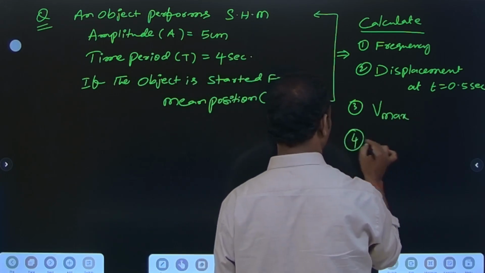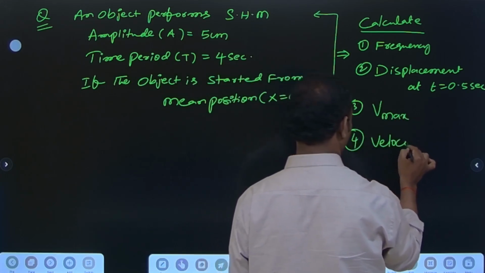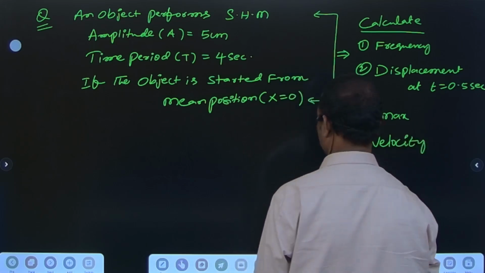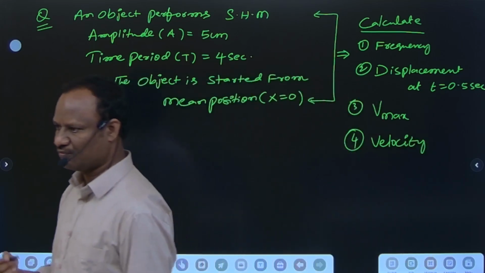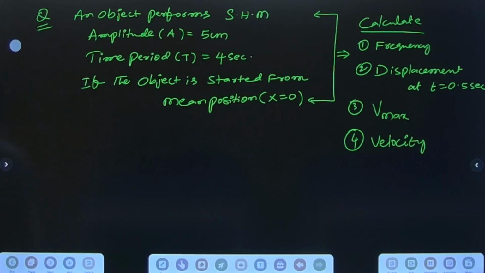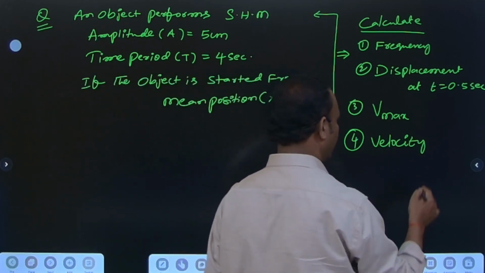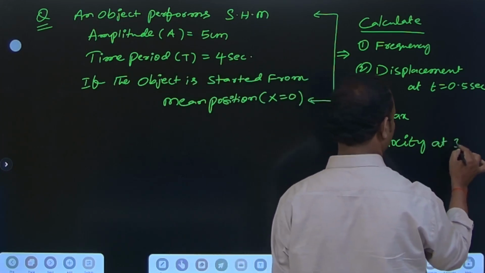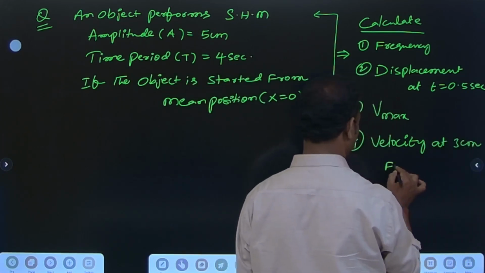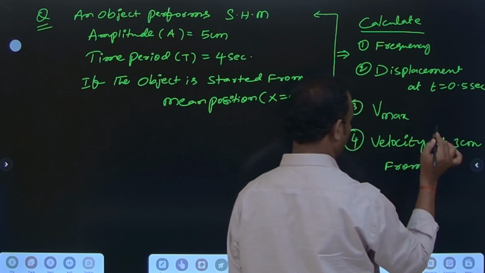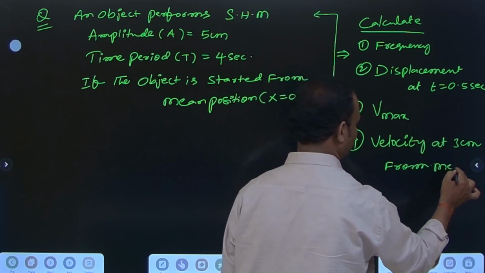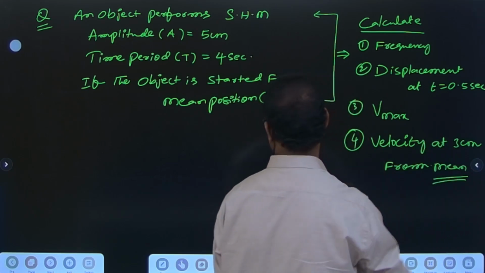Fourth, the velocity, as a function of position and as a function of time. For example, as a function of position at 3 centimeter from the mean position.